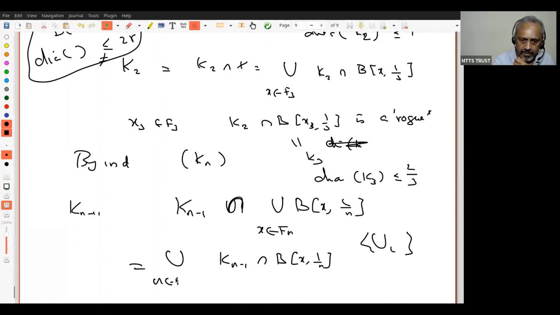One of these fellows is a rogue. If none of them is a rogue, but that union is Kn minus 1, that would be a rogue. You understand? Therefore, there is at least one xn in Fn so that Kn minus 1 intersection B xn 1 by n is a rogue.